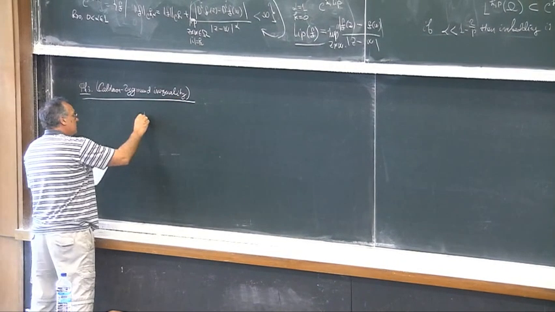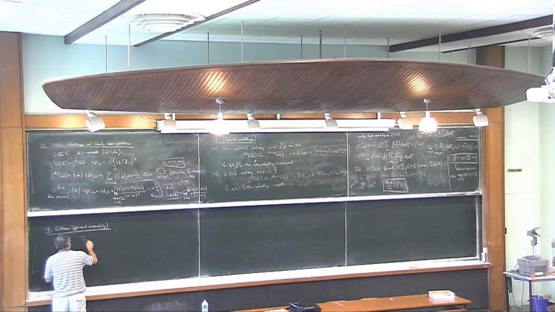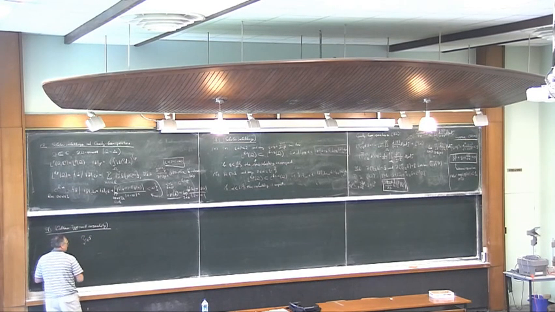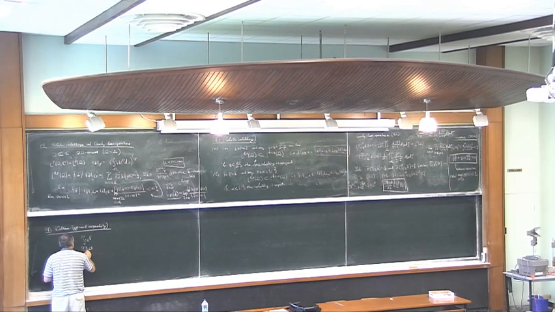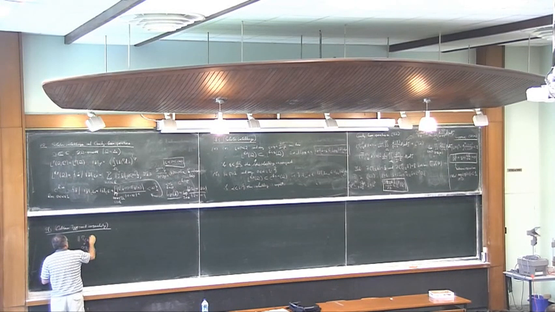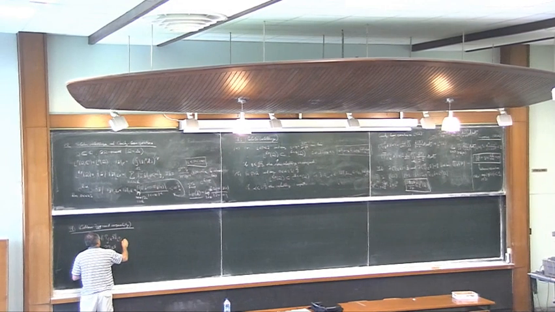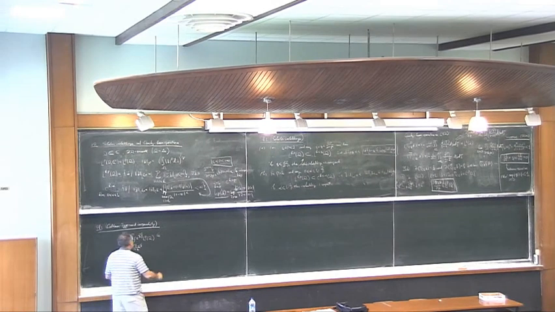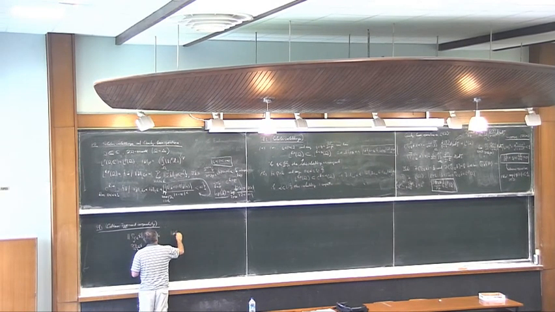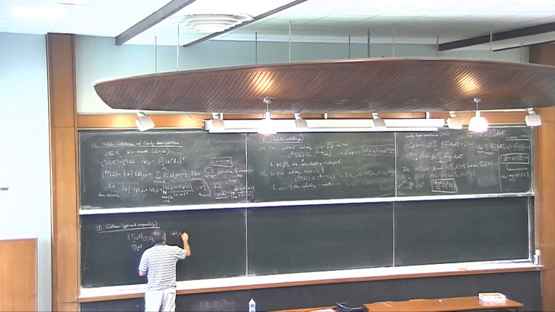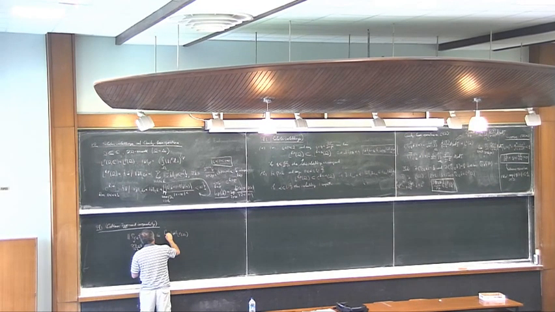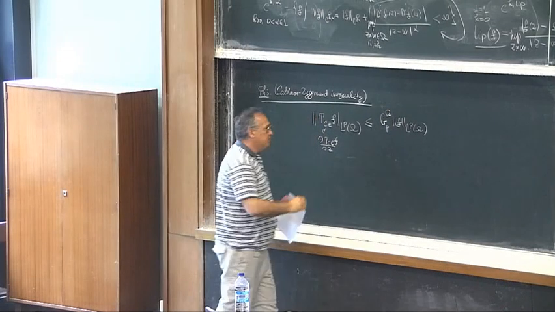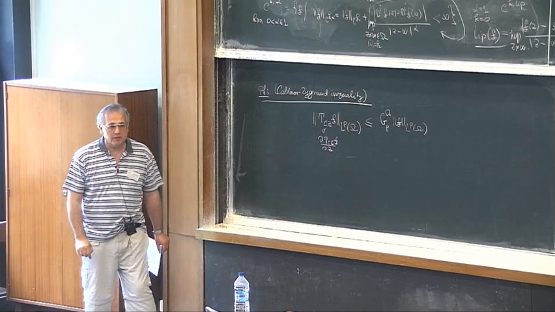It says that the Calderon-Zygmund operator of f, which I repeat is the derivative of the Cauchy-Green of f over dz, in LP norm of omega is bounded by the LP norm of f with some constant C_P, which depends on omega, on the domain, of course.